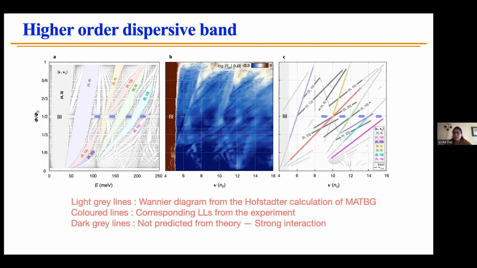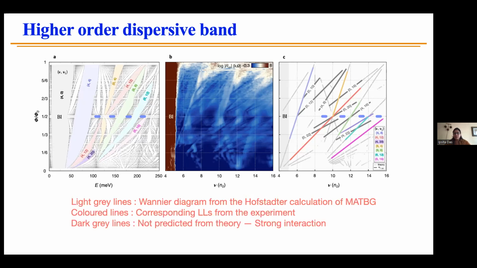However, there are certain Landau levels which we observed experimentally that were not present in the theoretical model. This Hofstadter calculation was a single particle calculation, without considering the strong interaction between particles. So the deviation from the theory in our experimental data confirms that in the real system you have strong correlation, which gives you different Landau levels that are not predicted by the theory.